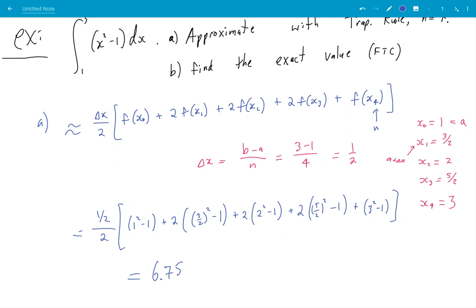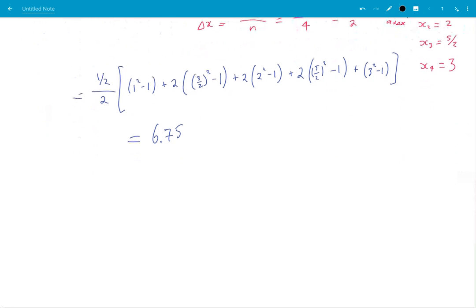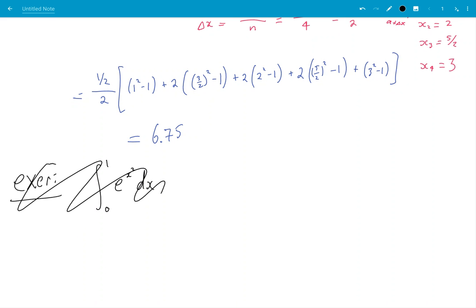Now, what should we do next? I'll give you one exercise to try in this section. We will do the e to the x squared I mentioned before. Oops, I forgot to do part B, didn't I? So for part B, we're going to use FTC.